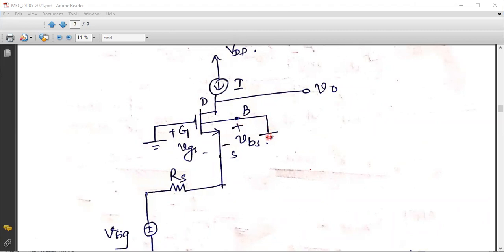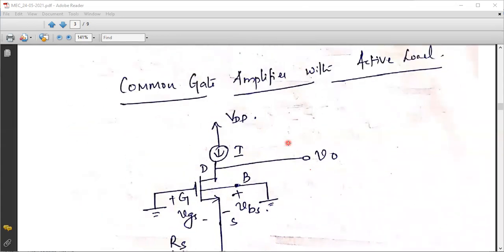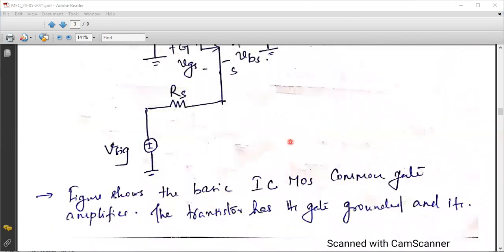Instead, body is separately grounded, just like the gate. So we have two voltages: across gate and source we have VGS, and across body and source we have VBS. So this is the circuit of the common gate amplifier with active load.